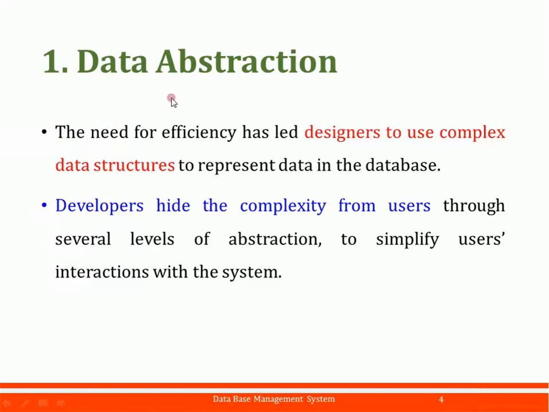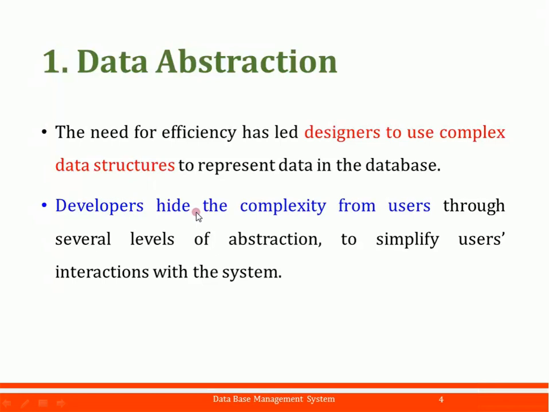We'll see more about this data abstraction here. The need for efficiency in the database has led the designers of these databases to use complex data structures to represent data. When we move to complex data structures, you can store all this data in an efficient manner.